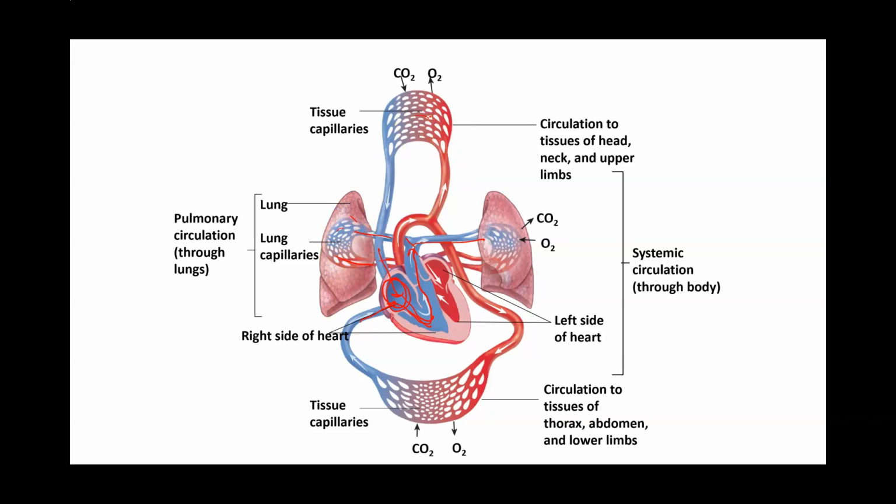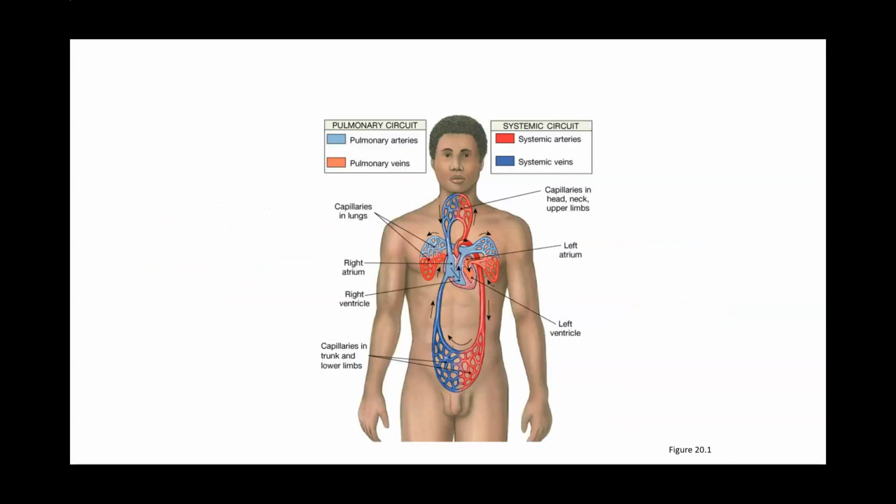Okay, what is coming back? Right there, comes back over here into the left atrium via the pulmonary veins. From there, blood moves out through the left ventricle into the aorta, and then it's going to go into the rest of the body. So the left side circulation is systemic circulation, right side circulation is pulmonary circulation.